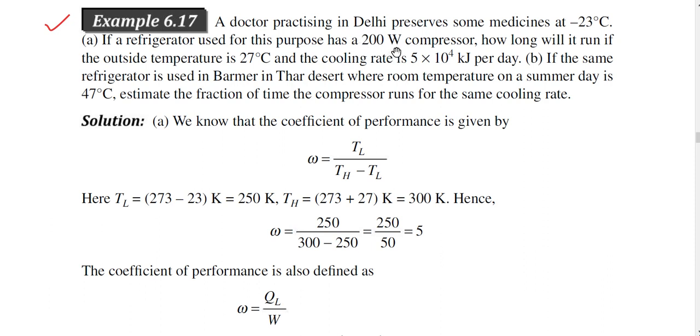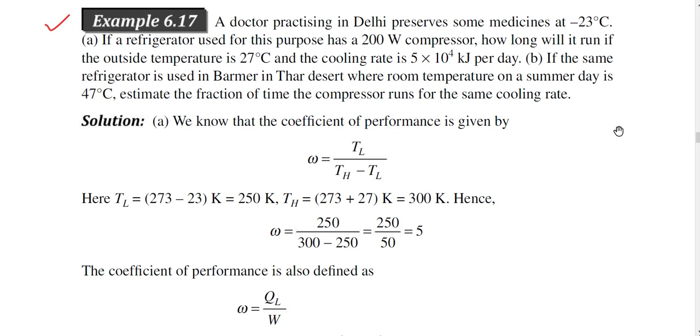How long will it run if the outside temperature is 27 degrees centigrade? The temperature of the surroundings, where the heat will be rejected, is also given: 27 degrees centigrade, and the cooling rate is also given, that is 5 into 10 to the power 4 kilojoule per day.